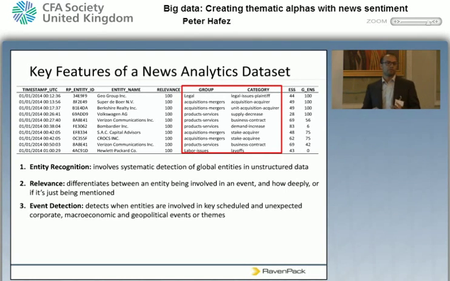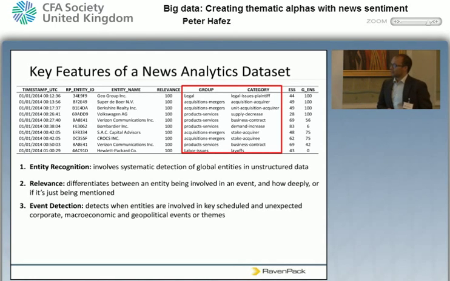But it's also important for companies. We typically see that you'll get stronger analytics or stronger signals if you focus on companies that are typically mentioned in headlines or part of an event itself, play a key role in an event, or at least in the first paragraph of a news story.